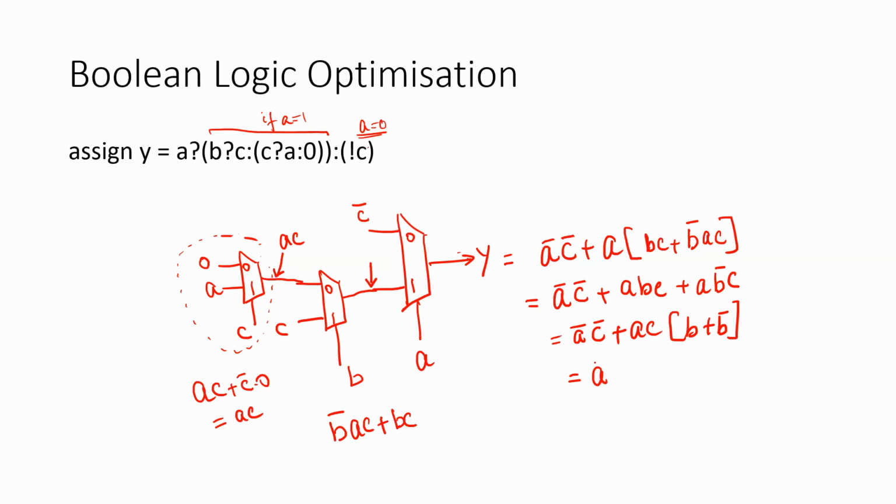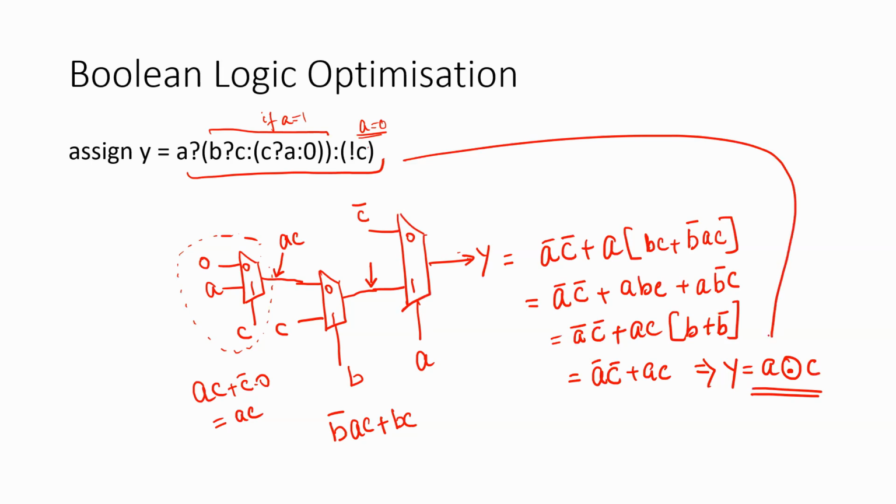So effectively, it turns out to be A bar C bar plus AC, which is nothing but Y equals A XNOR C. That's it. This is the most simplified. Such a complicated expression is now optimized into such a simplified expression. So there is also constant propagation happening here and also Boolean logic simplification, sort of K-map reduction. So these are examples of Boolean logic optimization.